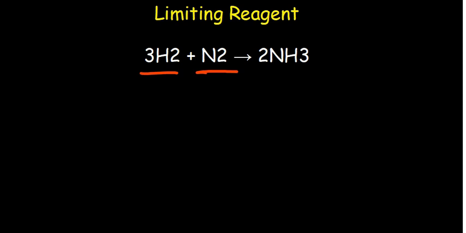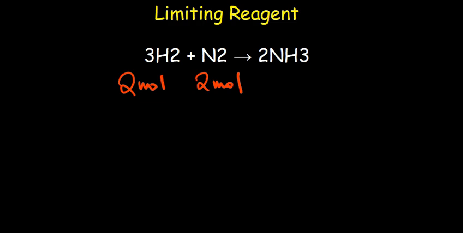Let's assume we have 2 moles of hydrogen and 2 moles of nitrogen in a reaction. Which one is the excess and which one is limiting? Each time you're trying to determine the limiting reagent, it is very important that you determine the number of moles.